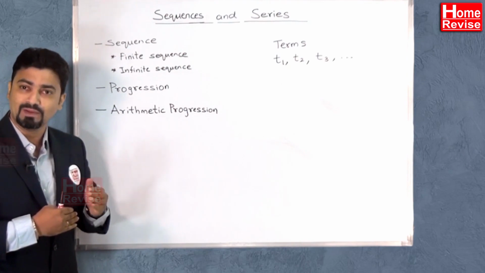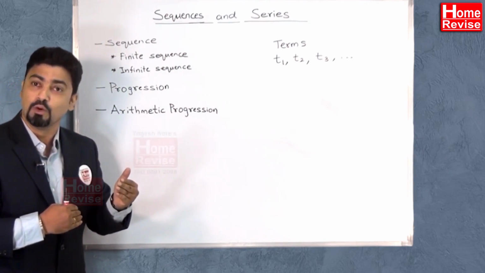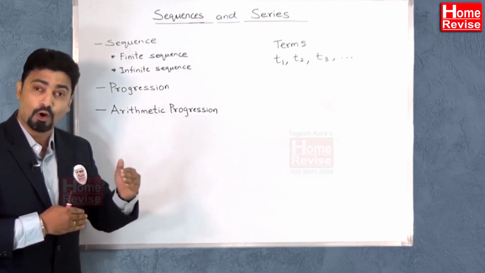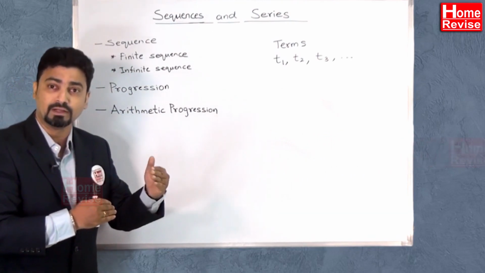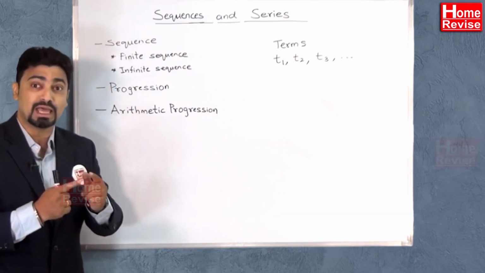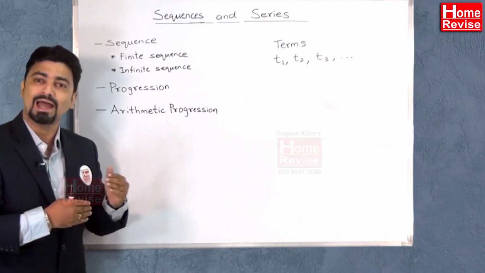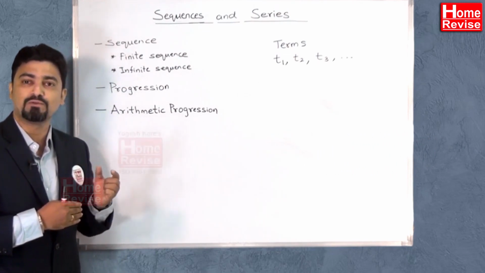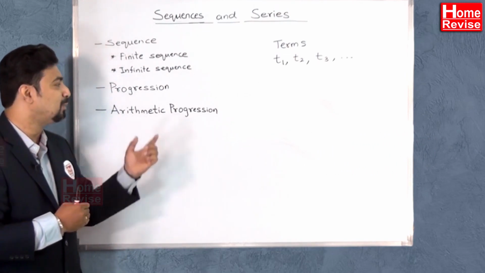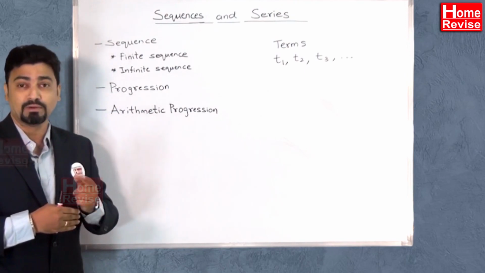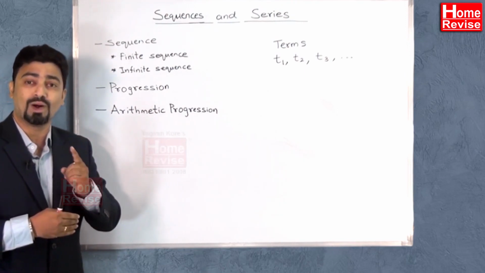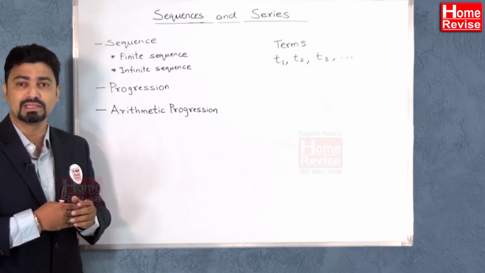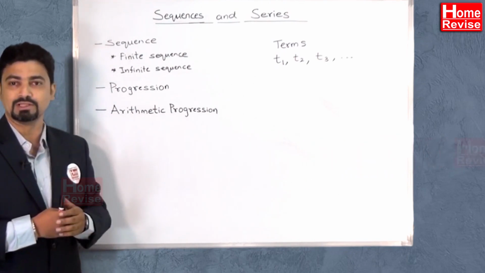That is, from T1 we can generate T2 by following some mathematical rule. From T2 we generate the third term T3 by following the same mathematical rule, and so on. So sequences which follow a definite rule are said to be progressions. And my dear friends, you have already studied one type of progression in your earlier standards, that is arithmetic progression.